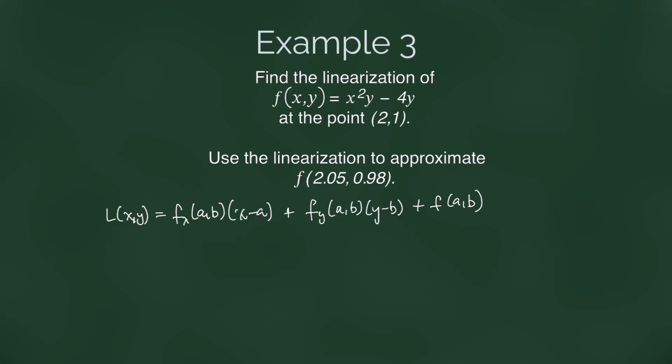So looking at our formula, f sub x of (x, y) is going to be 2xy, and f sub y of (x, y) is going to be x squared minus 4.